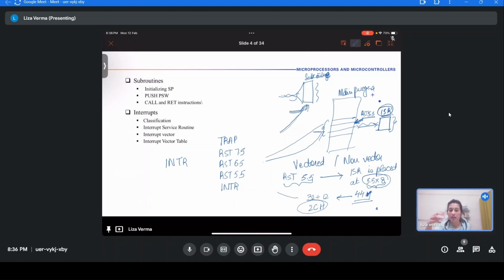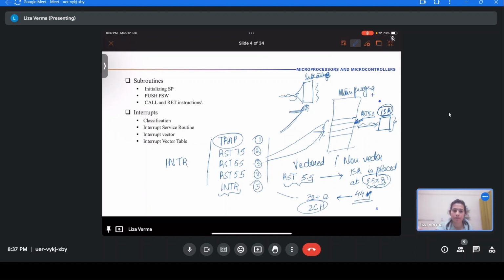If there are simultaneous interrupts, which interrupt should the MUP entertain first? For that, there is a priority order: the highest priority, then second highest, third, fourth, and fifth. INTR is the lowest priority interrupt. Trap is the highest priority interrupt. So if multiple devices cause simultaneous interrupts, MUP will entertain them according to this priority order.